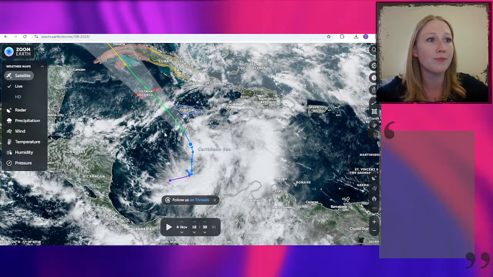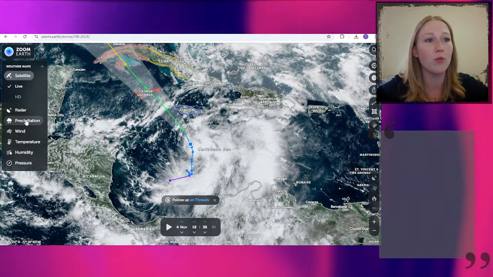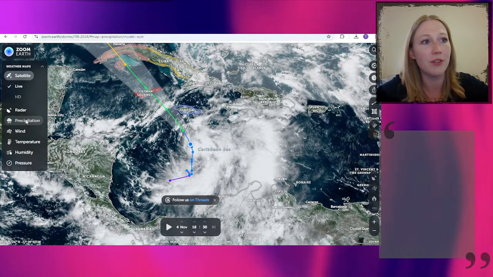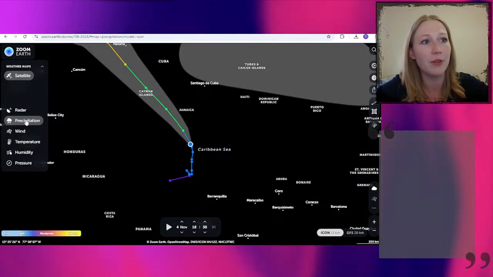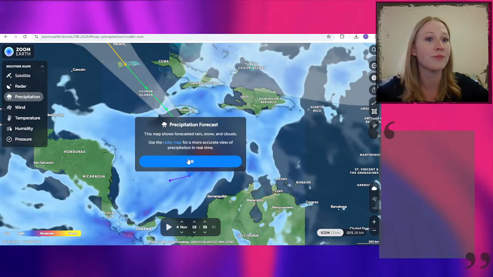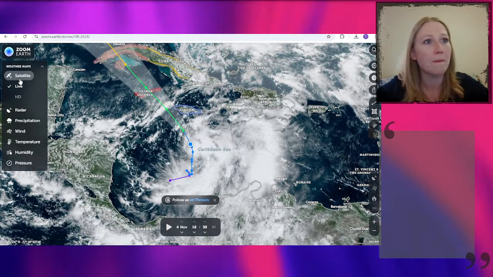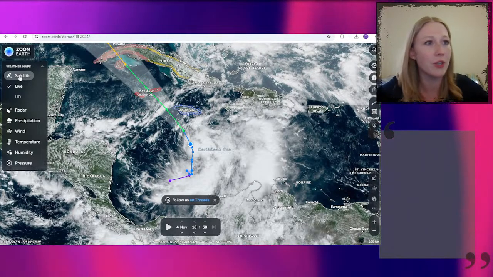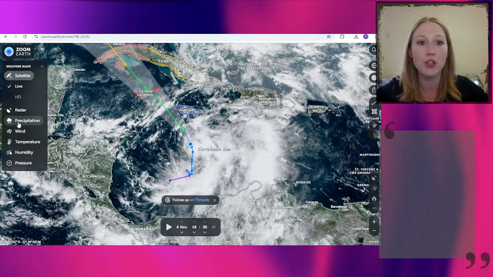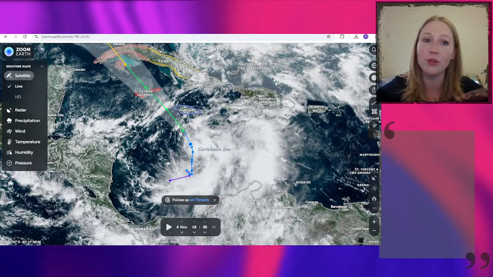For example, I can change the views over here of what I'm seeing. If I'm seeing precipitation, is this going to load? Oh, no. Okay, fine. So if I'm seeing precipitation or wind or humidity, I would change the layer of the view.